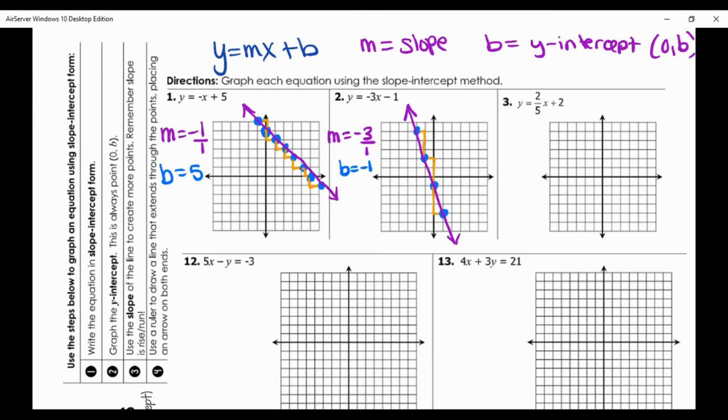For number 3, the slope of the line is 2 over 5. And the y-intercept is at +2. So let's start there, at the y-intercept. And the slope is 2 over 5, rise over run. So we're going to rise 2 and move horizontally 5 units to the right.